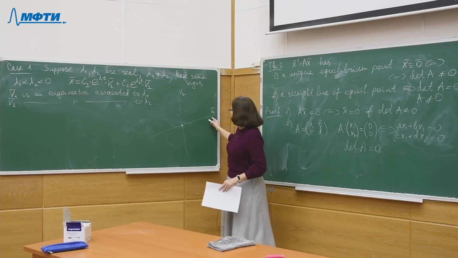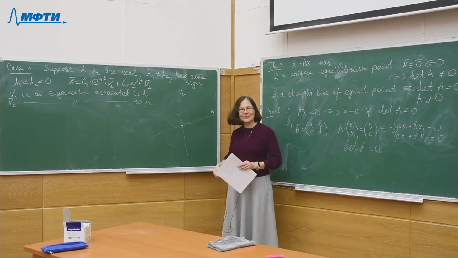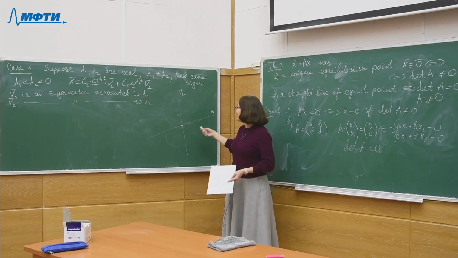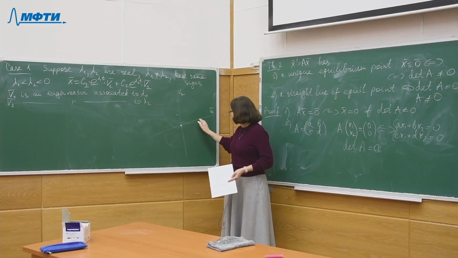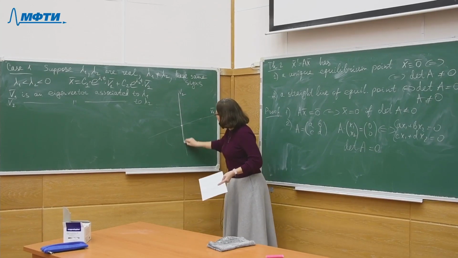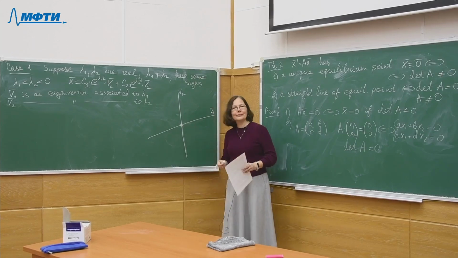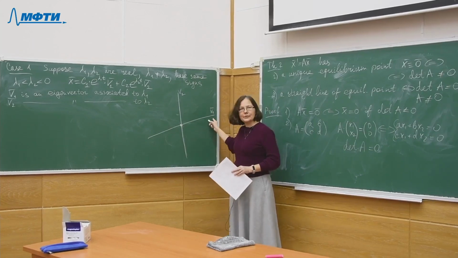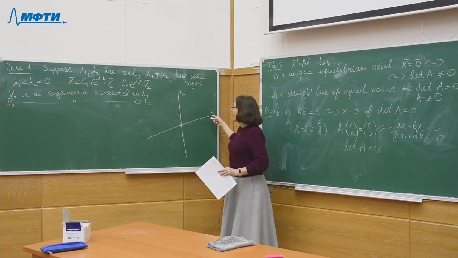I don't want to indicate the directions of these vectors, because we can confuse this with the direction of the phase trajectories. So only lines. We start with the lines through the vectors V1 and V2.